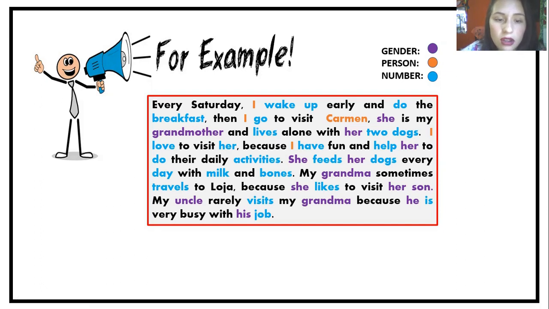Grandmother is also a gender as well, because it represents a female noun. Now, let's check this verb, lives. Lives is the number because it is representing a singular pronoun.